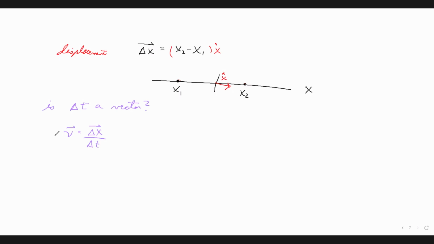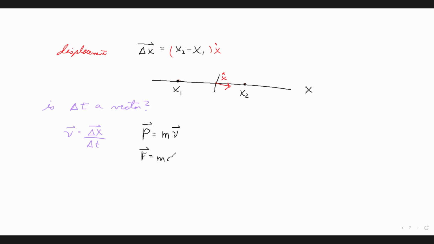So what are some other vectors that we will study this semester? Well, we will study momentum. Momentum is equal to mass times the velocity vector. Mass is a scalar, so I can multiply a vector by a scalar, no problem. We will also study, in fact, before we get to momentum, we'll study force.